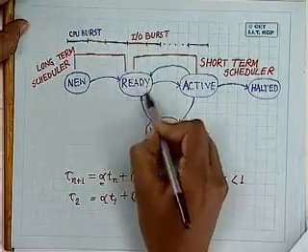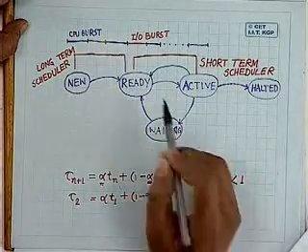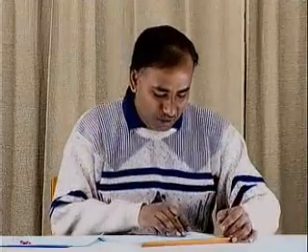A job may come to ready state from any of these states, and depending upon the relative order in which they come, the order in the ready queue will be different. However, for round robin scheduling, we'll always take up a job for execution from the head of the ready queue.